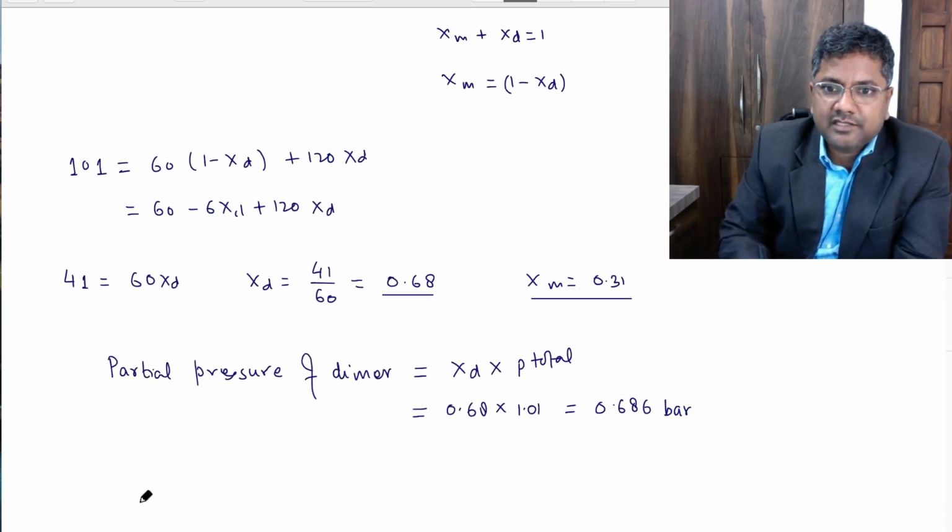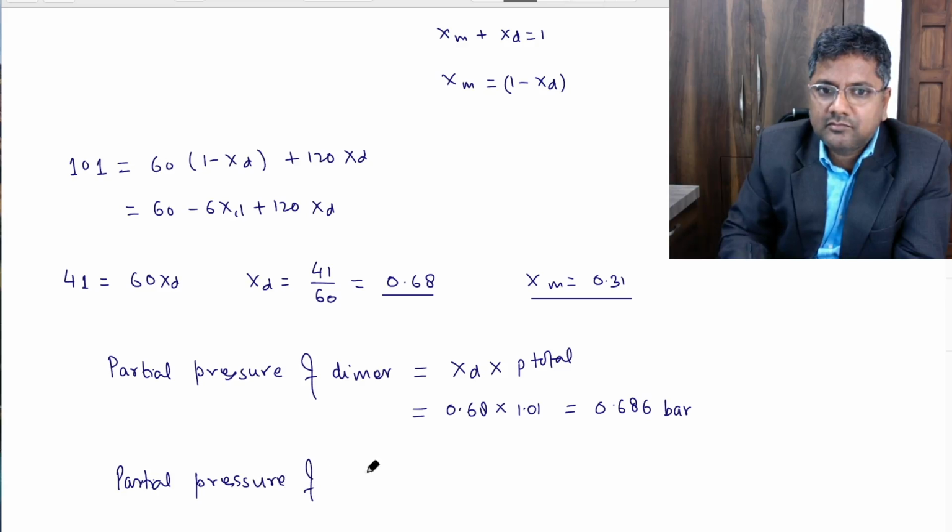And the partial pressure of monomer is equal to x of monomer into P total.